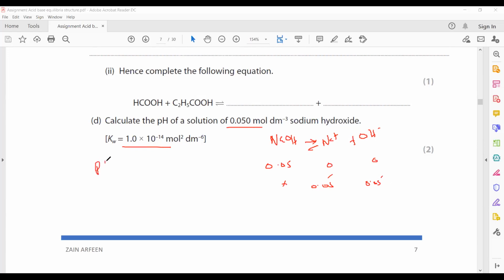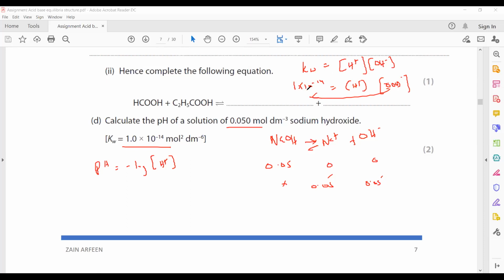Then pH is equal to minus log of hydrogen ion concentration. But the issue is you don't have the hydrogen ion concentration, you have hydroxide. As we know, Kw is the product of hydrogen ion and hydroxide ion concentrations. At 25 degrees centigrade, this product is 1 × 10^-14. The hydrogen ion concentration you don't know, but the hydroxide concentration is 0.05.